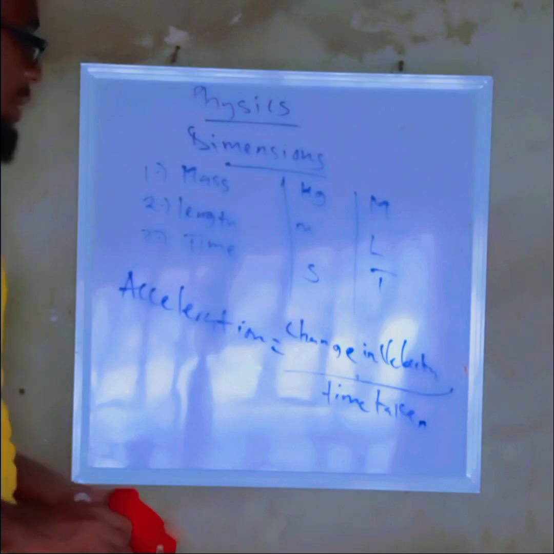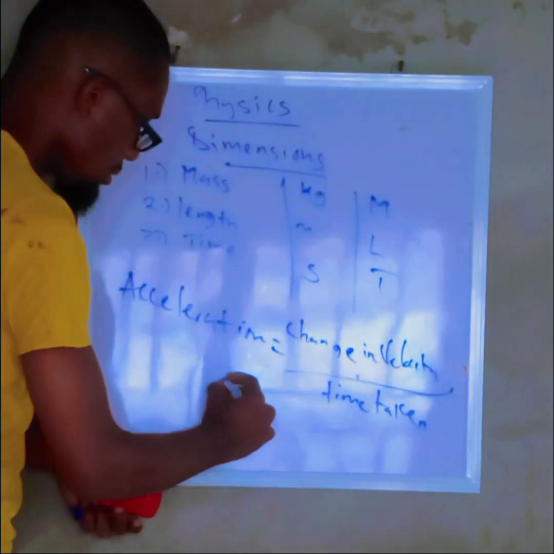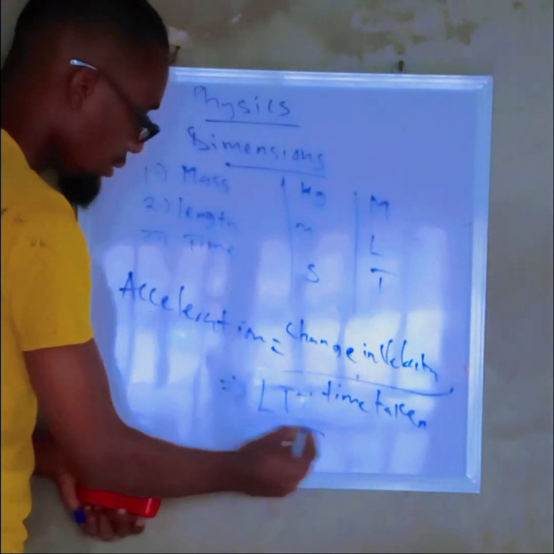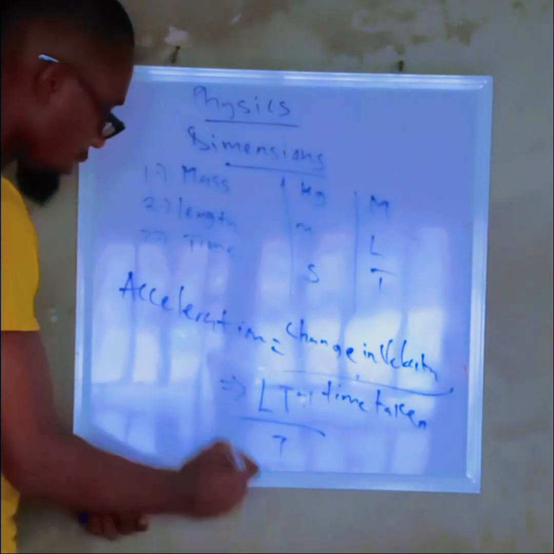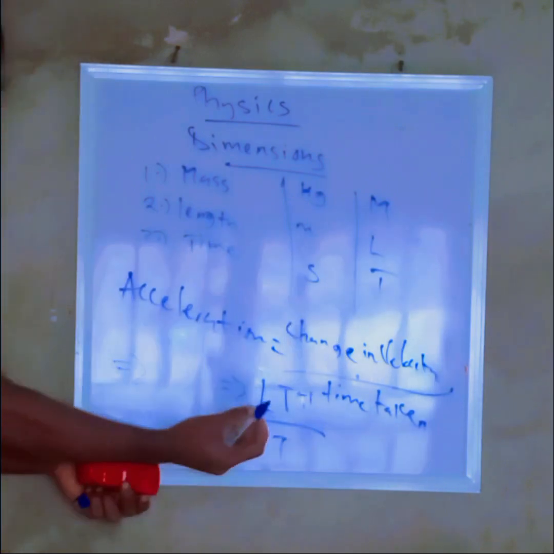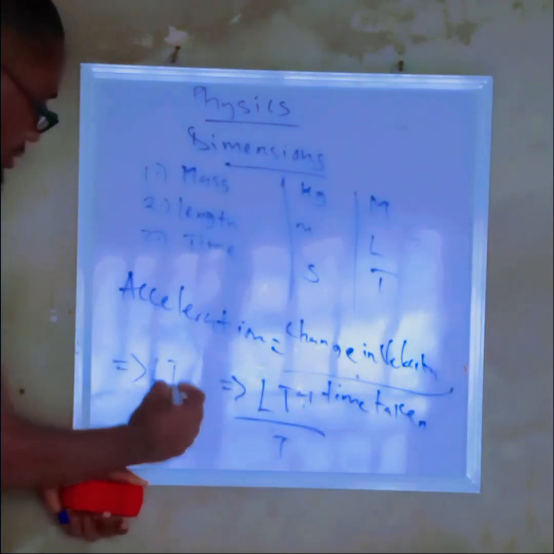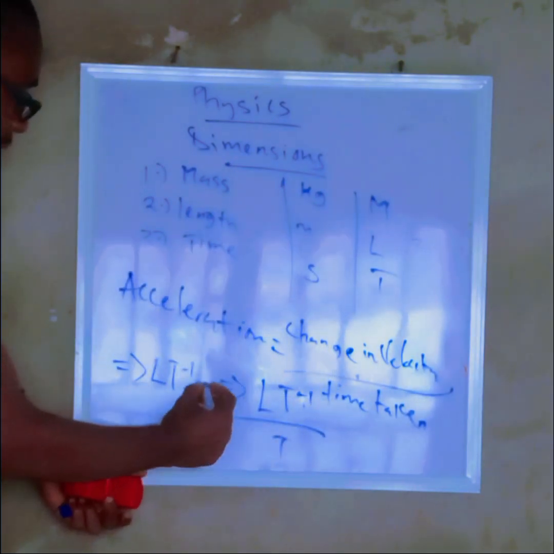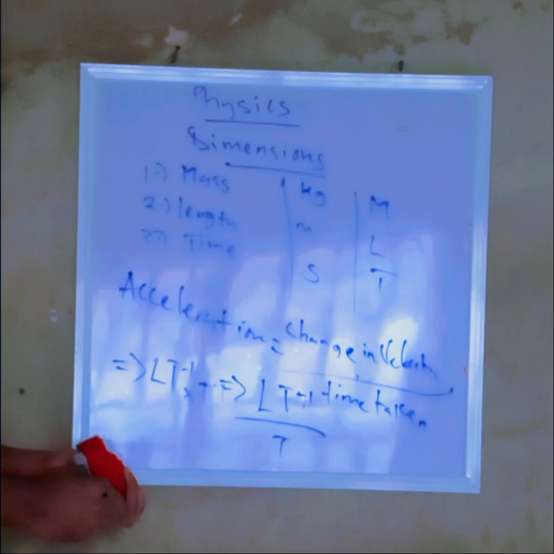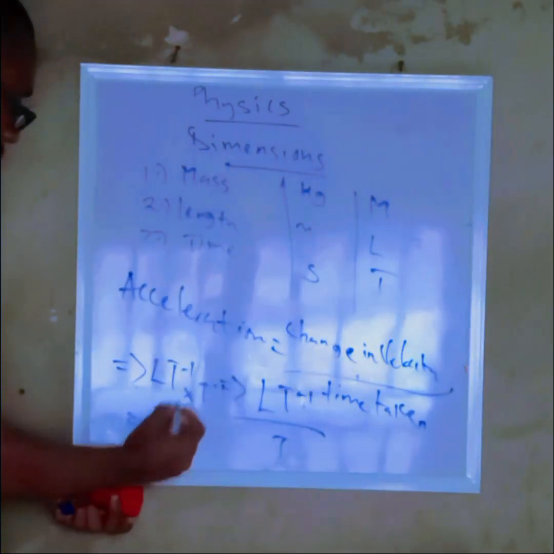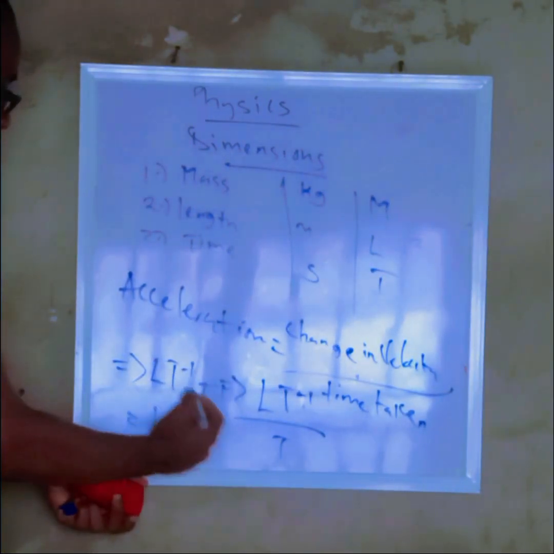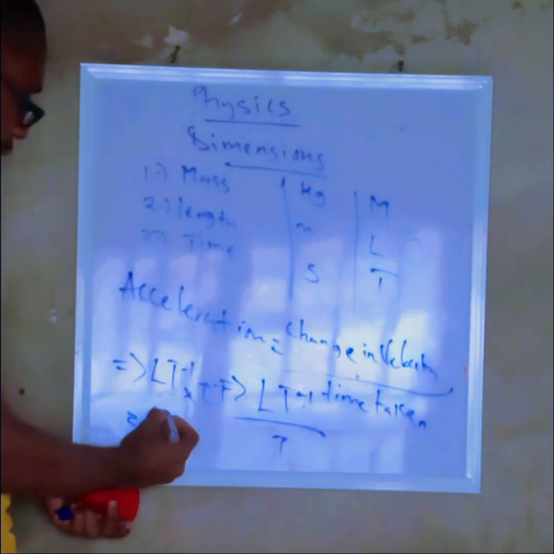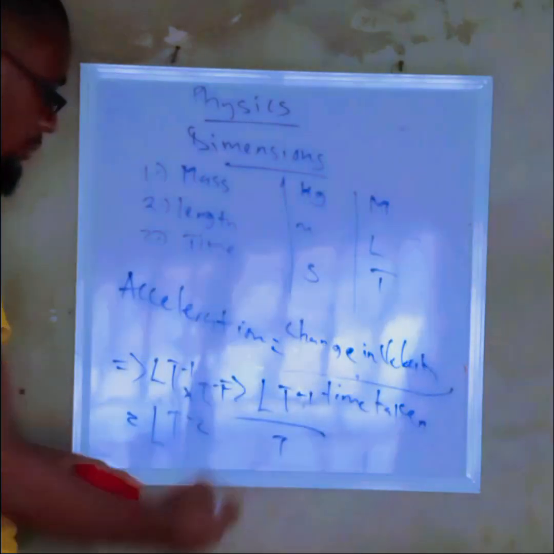So if speed is LT^-1 all over time taken, time is capital T, so you can simply say LT^-1. We can bring this T to the numerator by saying multiply by T to the power minus 1. Now we say LT^-1 times T^-1. We can pick one base because both of them have the same base, T, and add the powers. Minus 1 plus minus 1 is what? -2. So T to the power of -2.